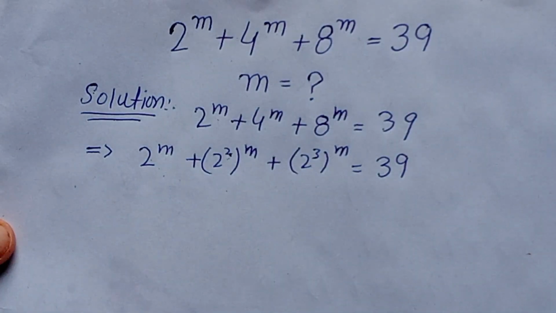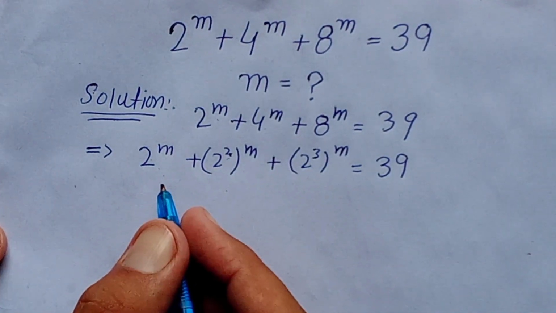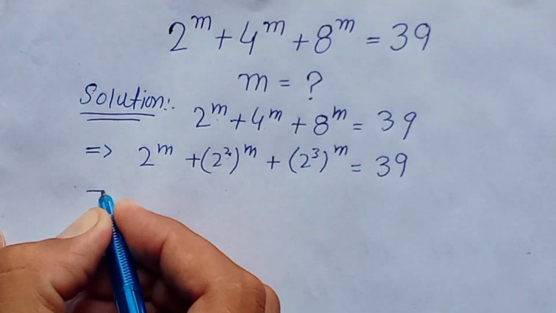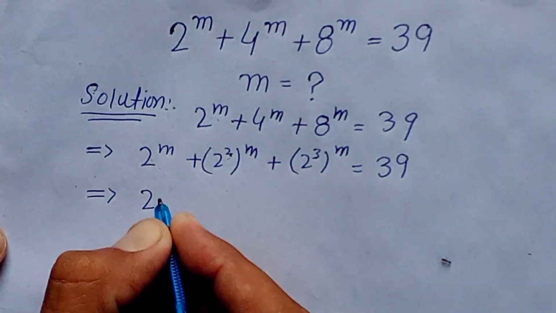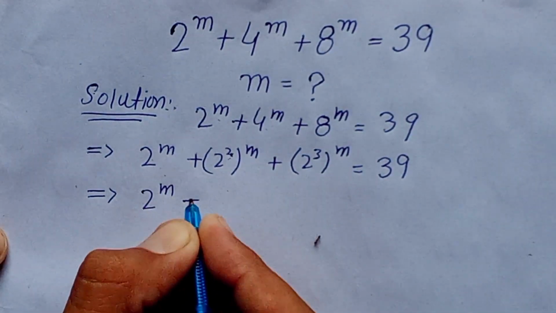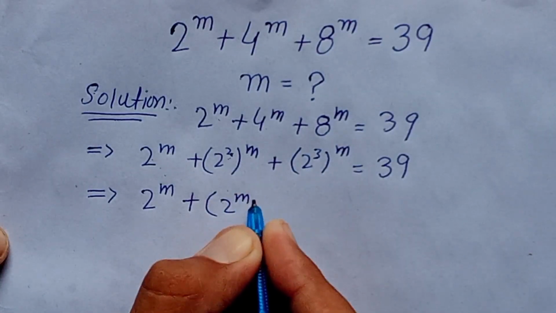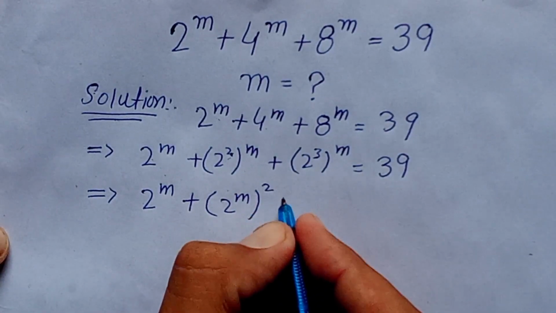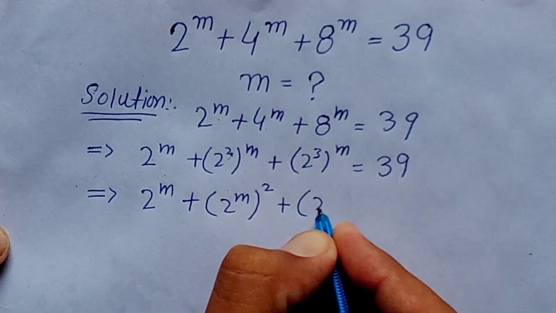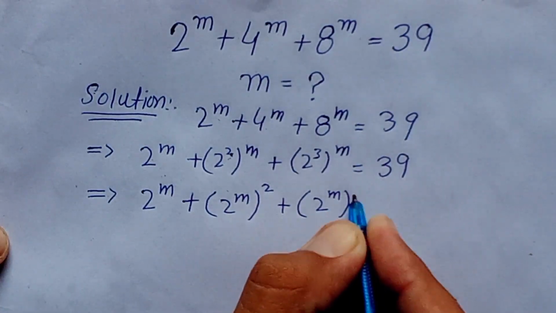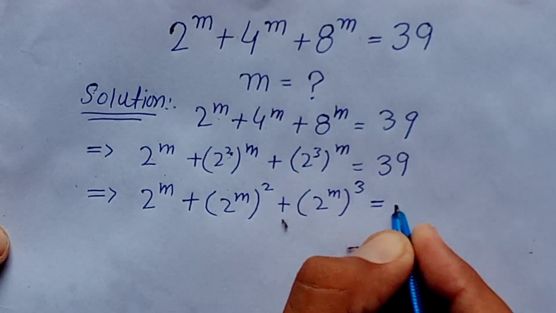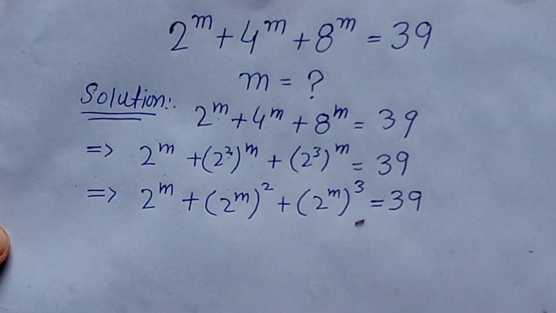Okay, now in the next step I can write it as 2 to the power m plus (2 to the power m) whole square plus (2 to the power m) whole cube is equal to 39.